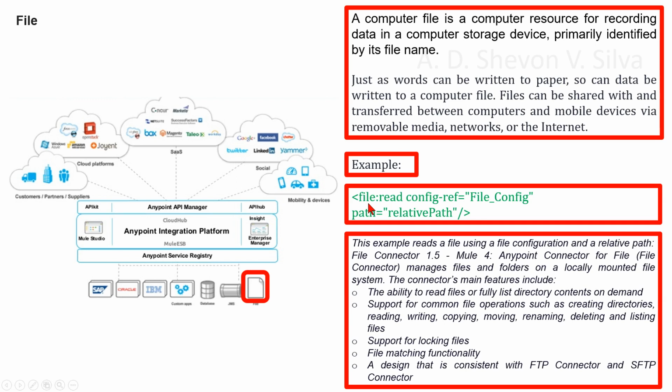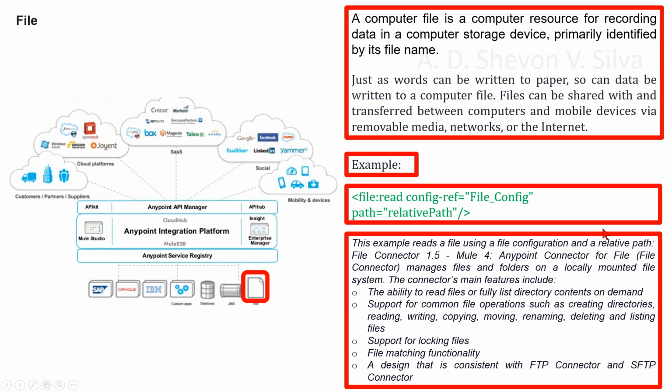The connector's main features include ability to read files or fully list directory contents on demand, support for common file operations such as creating directories, reading, writing, copying, moving, renaming, deleting, and listing files, support for locking files, file matching functionality, design that is consistent with FTP connector and SFTP connector.